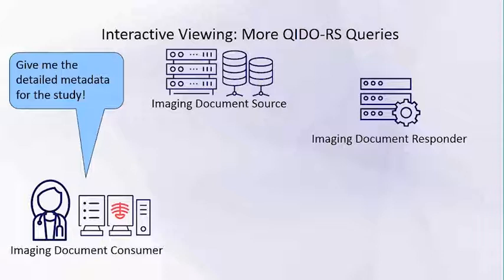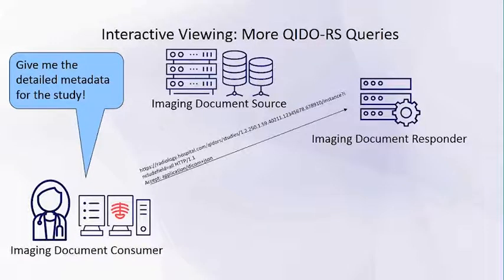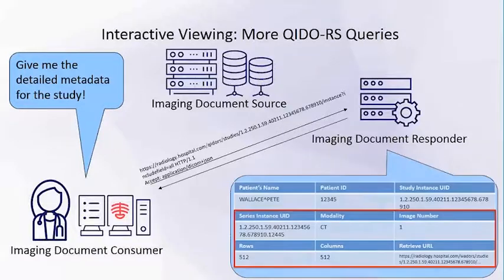So quite often it needs more than just patient and study metadata. What you can do with QIDO-RS is not query just the patient and study level, but query for, for instance, series level information. The response will come back with additional information at the series and instance level. For example, you can return series instance UID, modality, image number, rows, and columns. That information gives the consumer what it needs to prepare for the display of the images.